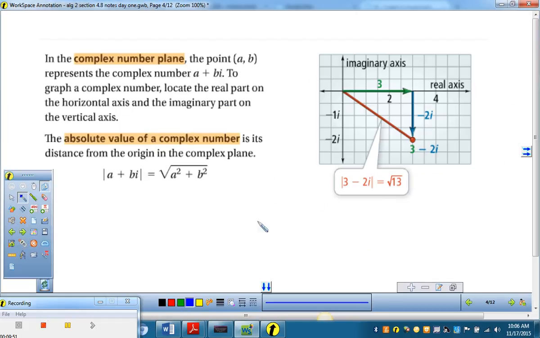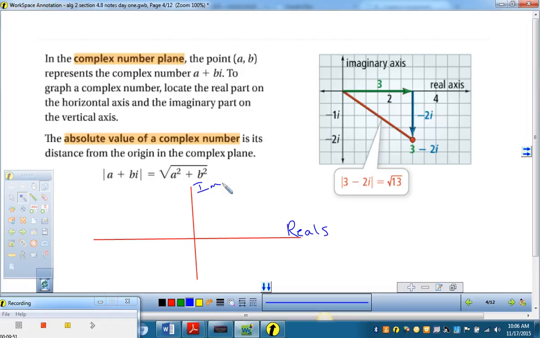Sometimes you will be asked to plot the complex number on the complex number plane. So this looks just like our xy plane, except we rename the axis. So you see in the picture, we name the x-axis the real axis, and we name the y the imaginary. And it's just as easy to graph on here as it is on the xy plane.